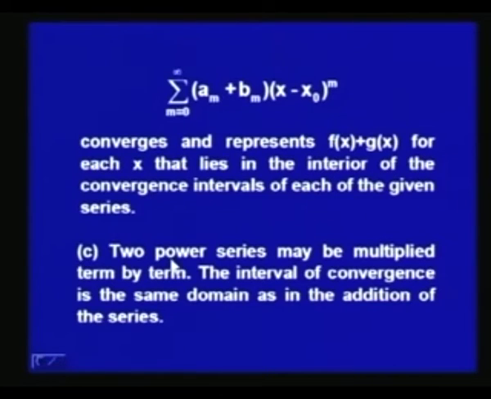The third property is that two power series may be multiplied term by term. The interval of convergence is the same domain as in the case of the addition of the series, that is, the interior of the convergence intervals of each of the given series.